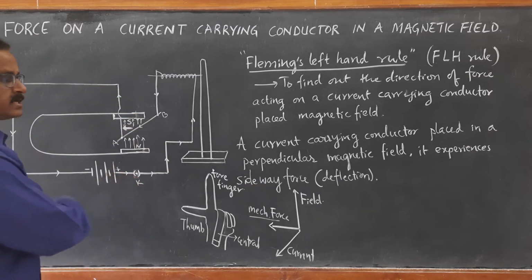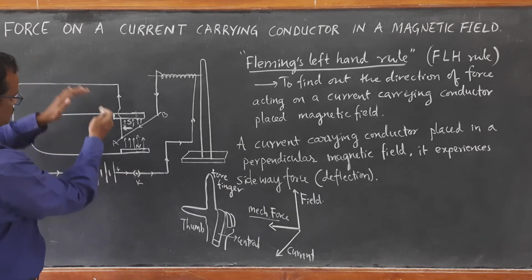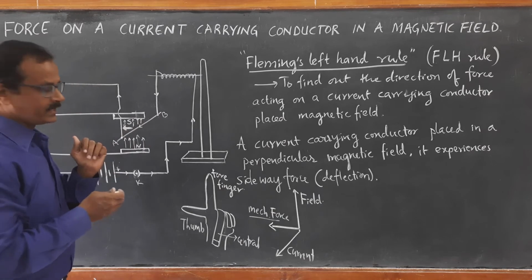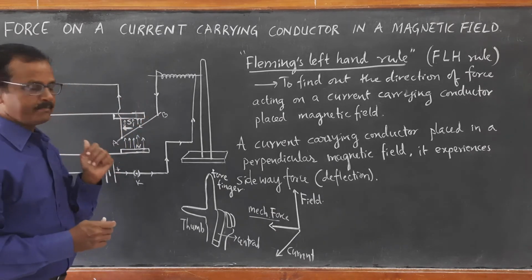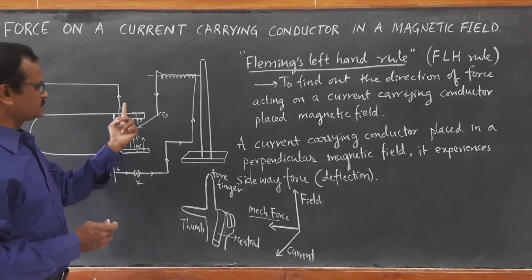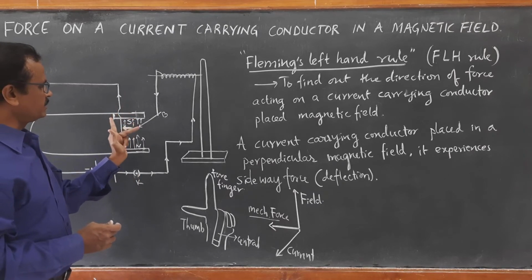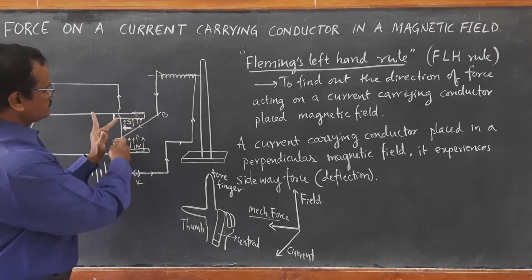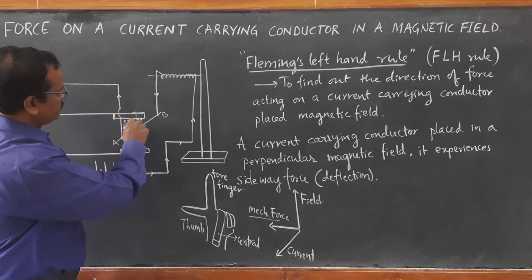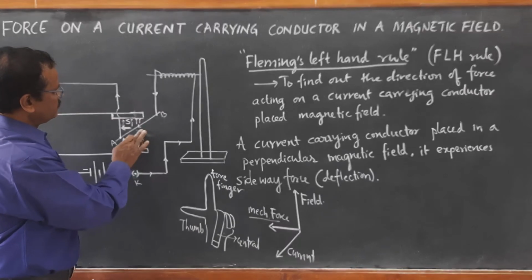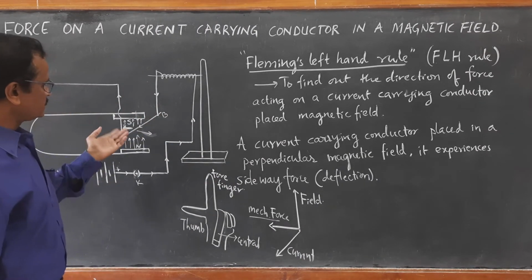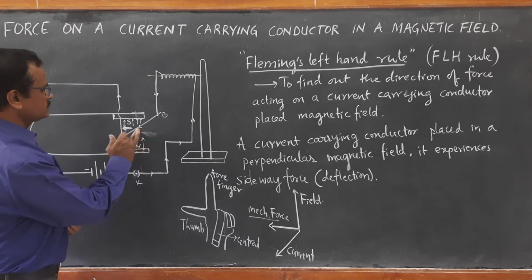Current reverses its direction, and it starts flowing from A to B. When the current flows from A to B, the magnetic field is in the same direction from N to S. The current is now reversed, and the thumb will now be on this side, exactly in the opposite sense. That is what happens when the direction is reversed.